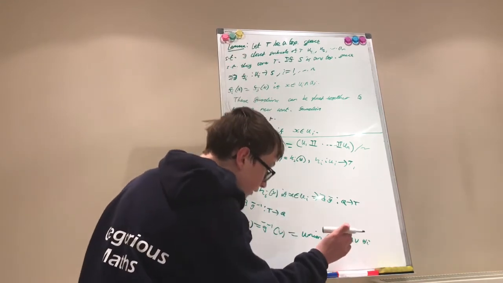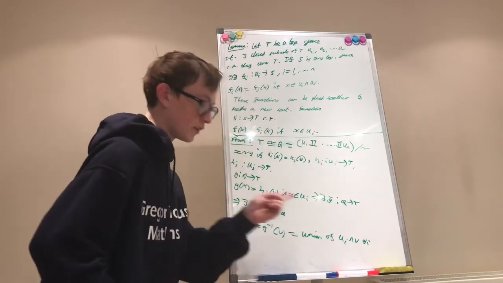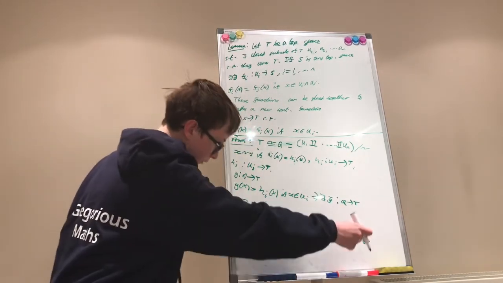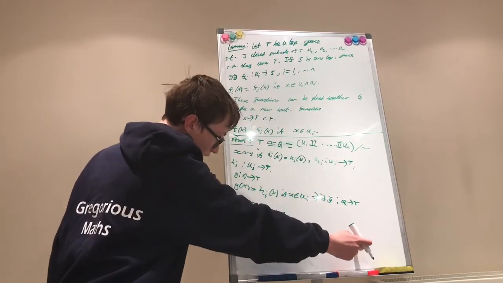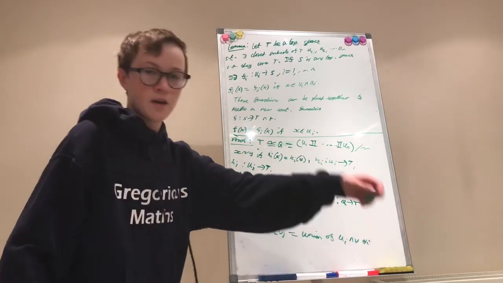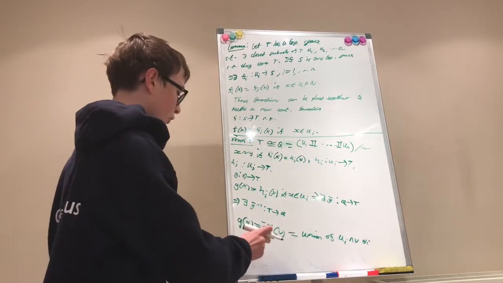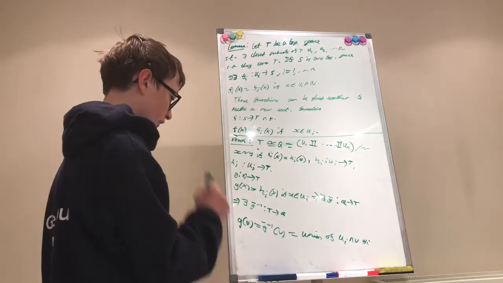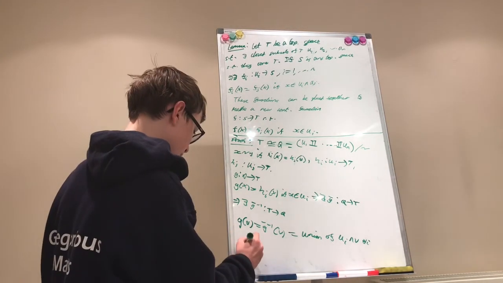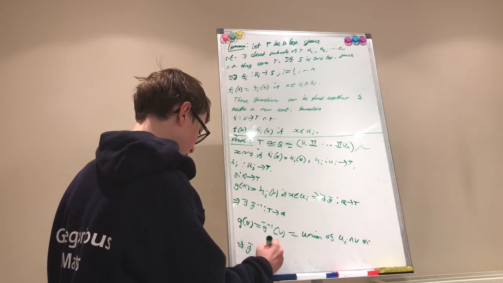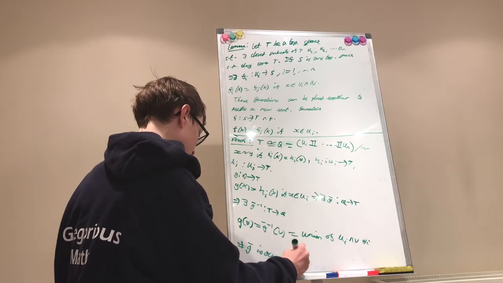This is closed, the intersection is closed, the finite union over closed sets is also closed, therefore G bar inverse is continuous, therefore G bar is our homeomorphism.